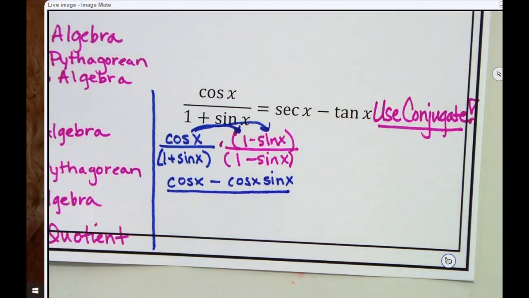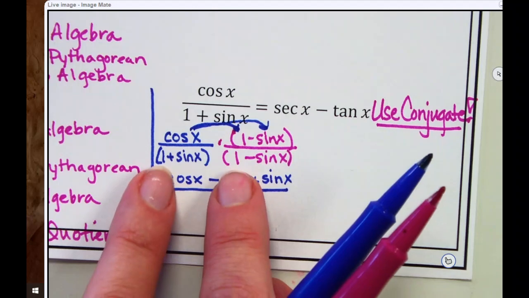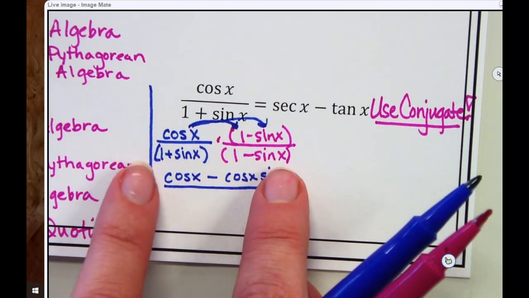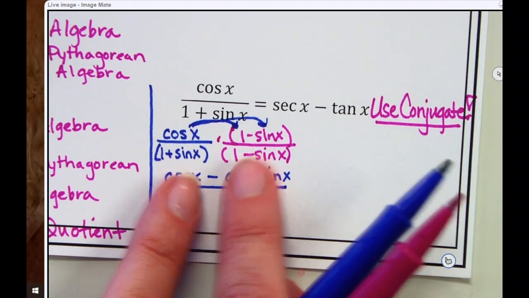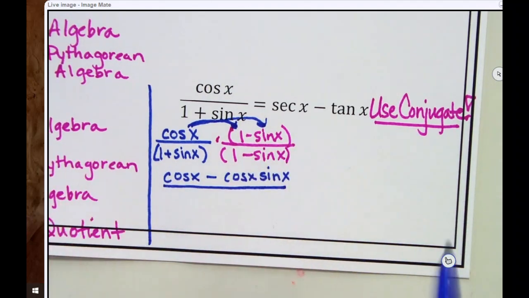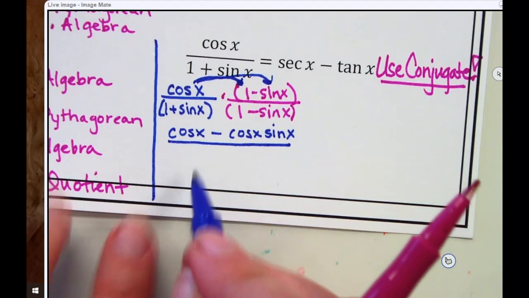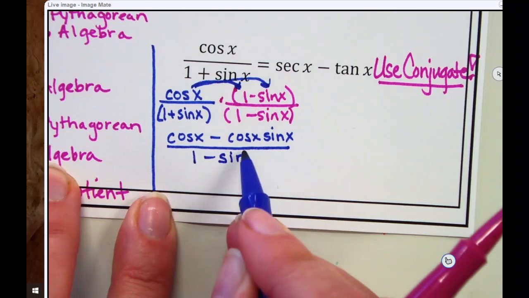Do you guys remember what happens when we FOIL conjugates? First is 1. Outside is minus sine x, inside is plus sine x. Your outside and inside will always cancel. So all I need to do is multiply the first and the last.